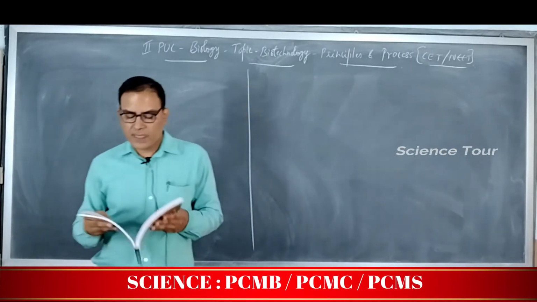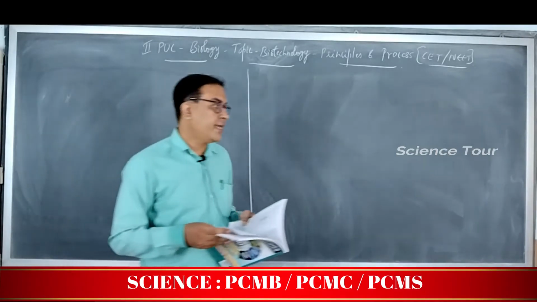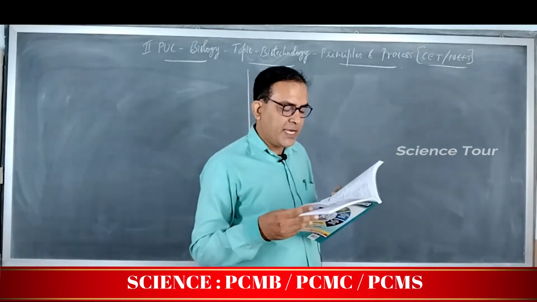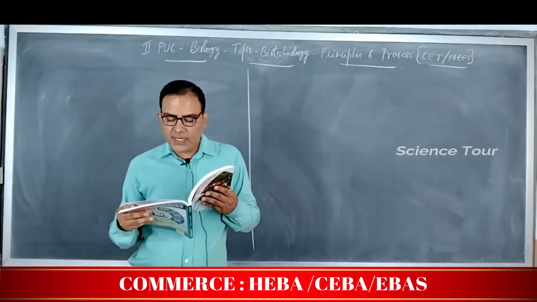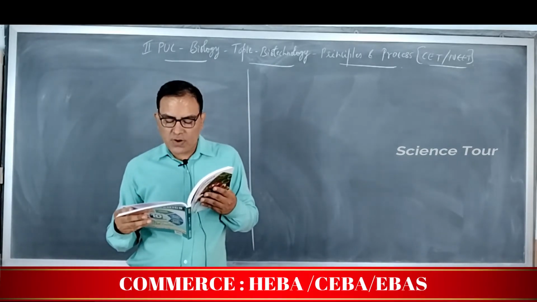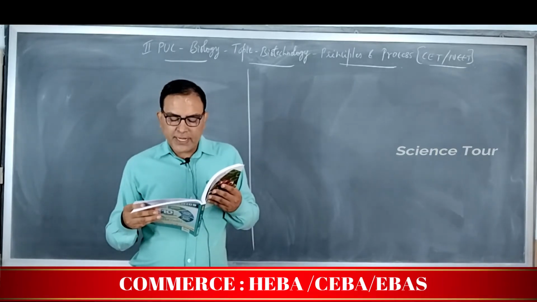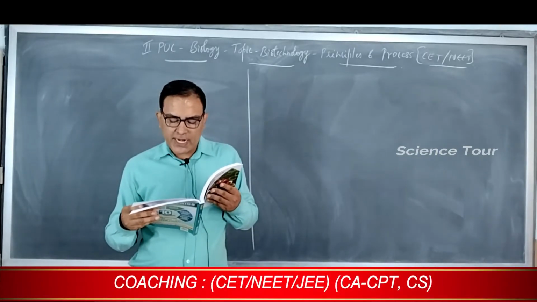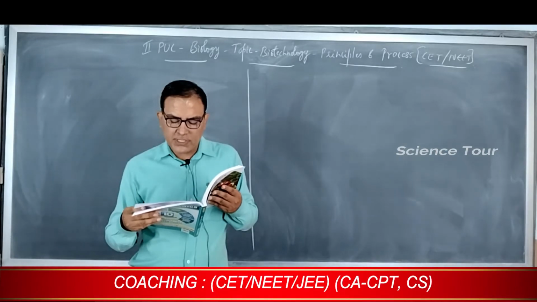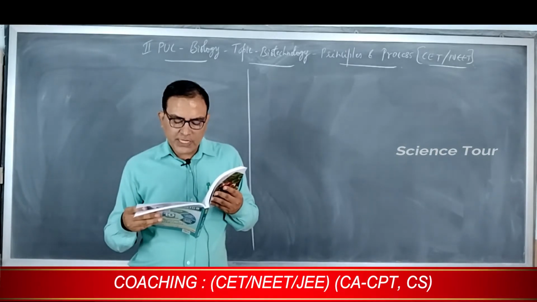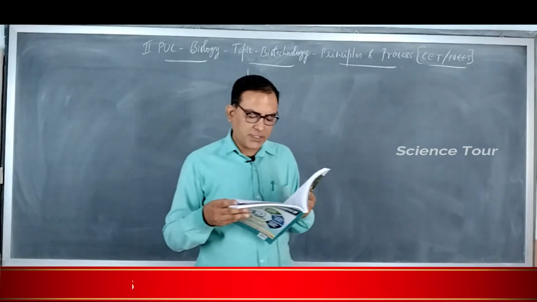Then question number 7. There are two statements given, statement A and statement B. I will read them out. Statement A: introduction of the identified DNA into the host is called transformation. Statement B: maintenance of introduced DNA in the host and transfer of the DNA to its progeny is an objective of rDNA technology.